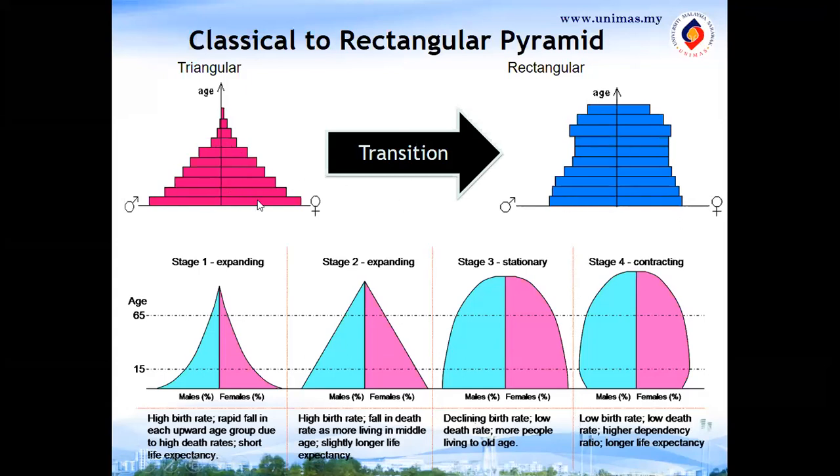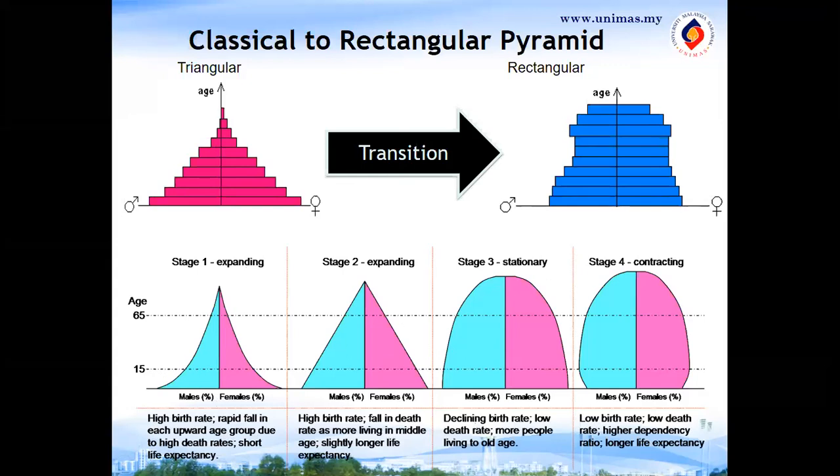Now, this, as I said, this is where you can look down here too. This is reflected by high birth rate, di mana kadar kelahiran masih tinggi, but there is a rapid fall in each upward age group due to high rate of death.